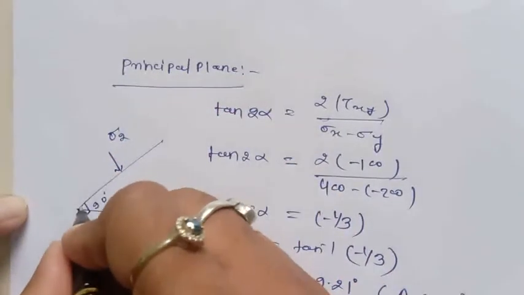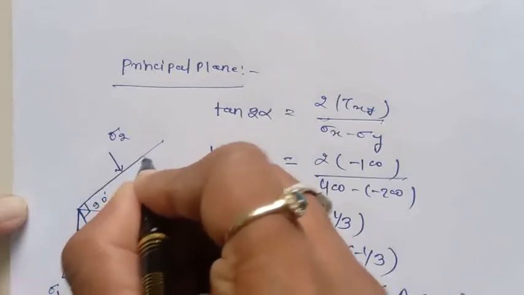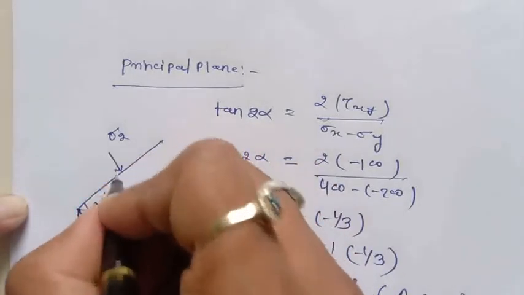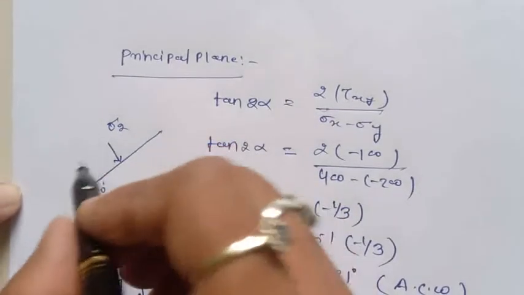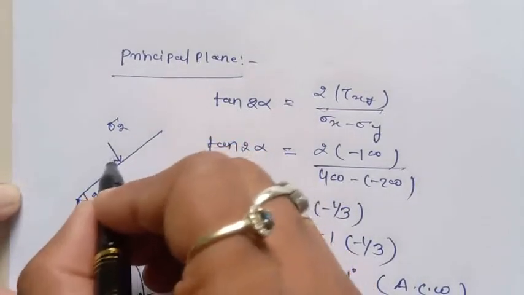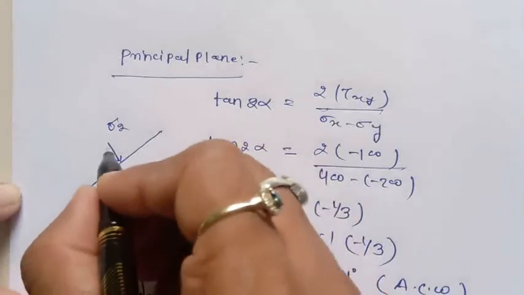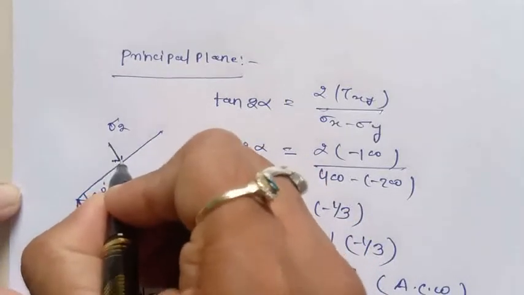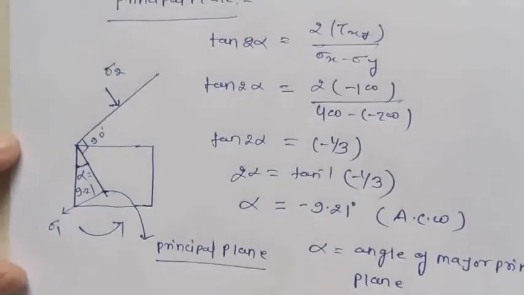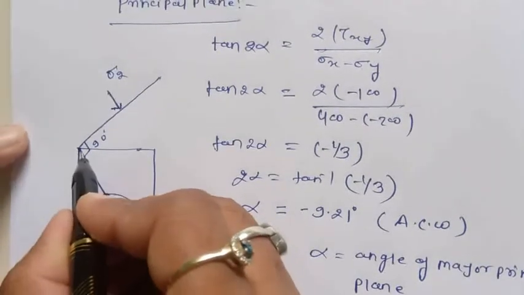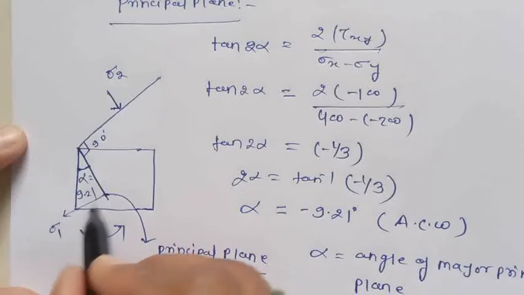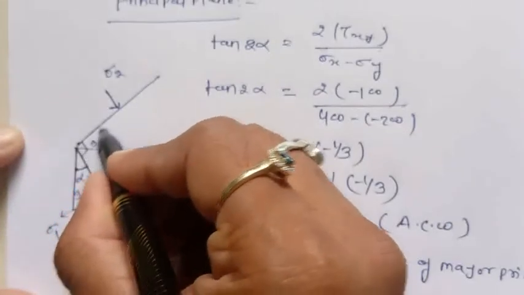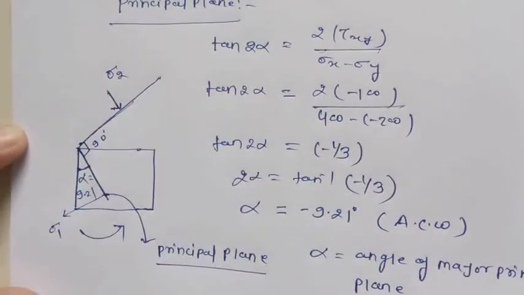This is called the plane where the minor principal stress acts. Since the sigma 2 value is negative, that is minus 216 megapascal, hence it is compressive in nature. So this is the plane, called the principal plane, where the major principal stress acts, and this is called the plane where the minor principal stress acts.